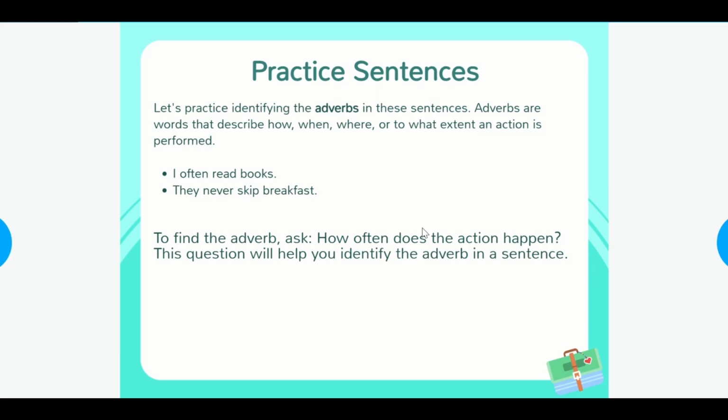Not always, but often. They never skip breakfast. Okay, so they always have breakfast. 100% of the time they're having breakfast. So, if you ever need help finding the adverb, ask yourself, how often does the action happen? This will help you to identify the adverb in the sentence.